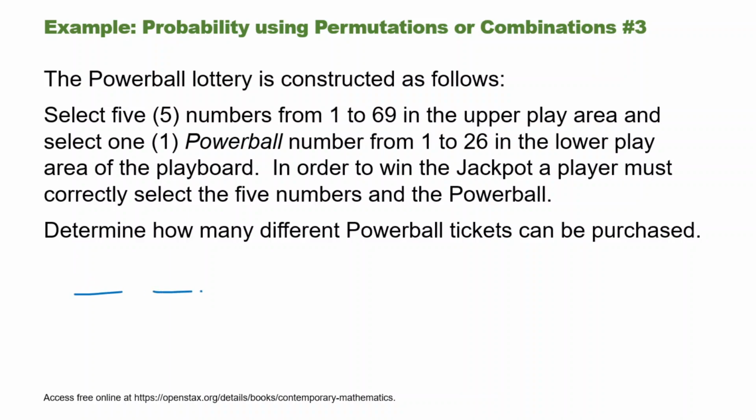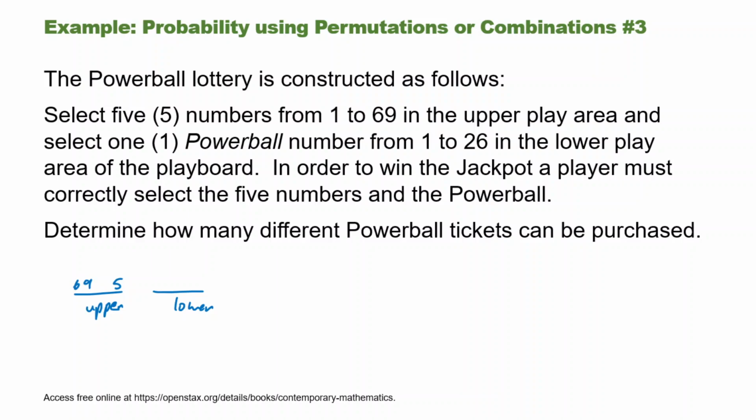I'm going to go ahead and actually write 2 blanks, one for each stage. The first is the upper play area, and the second is the lower play area. Now in the upper play area, we select 5 numbers from a total of 69. What's important though is whether the order matters or not. And the way this is phrased, you must correctly select the 5 numbers.